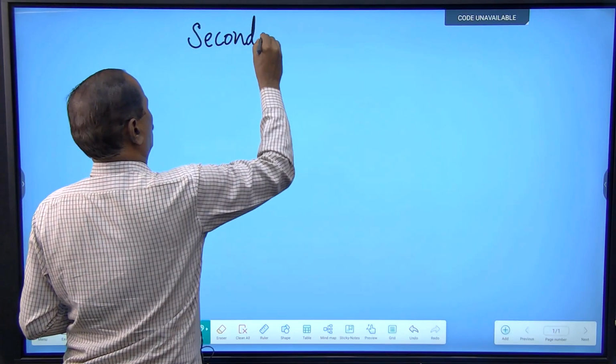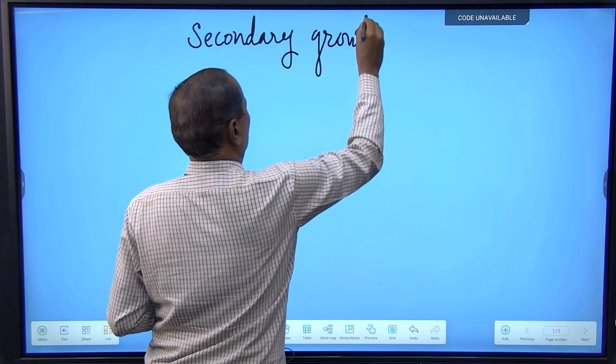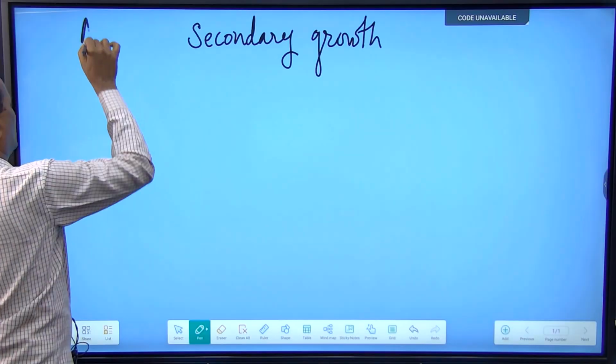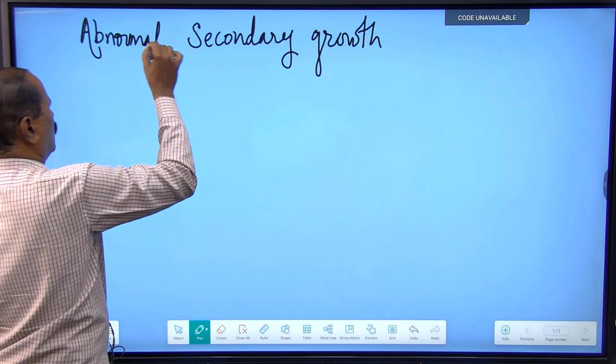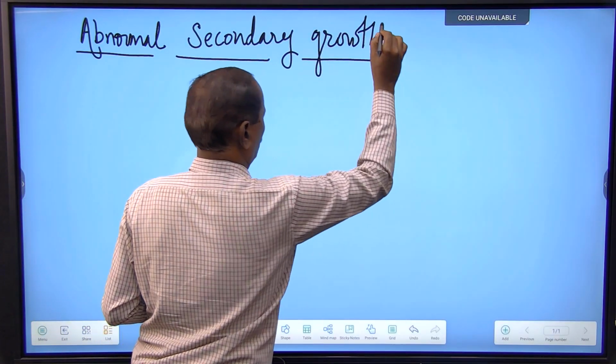I have now discussed secondary growth in the example of sunflower, and now I will discuss abnormal secondary growth.